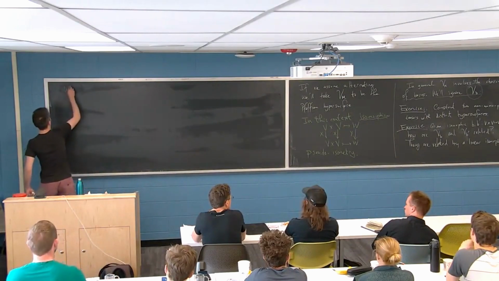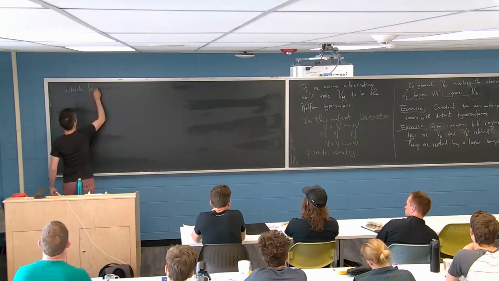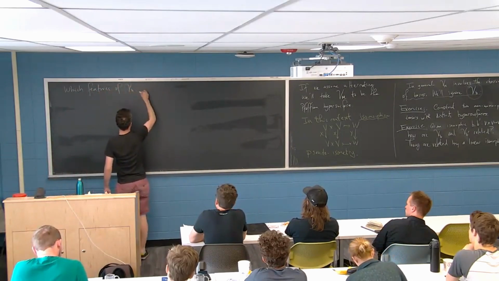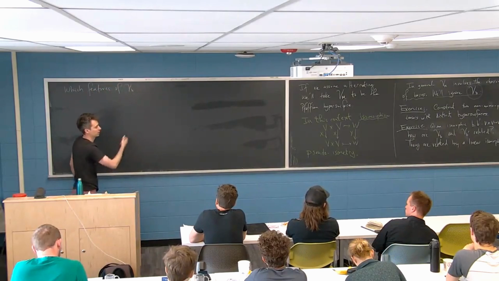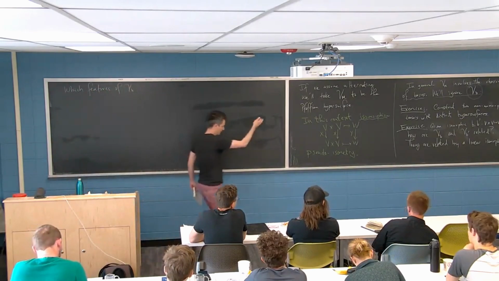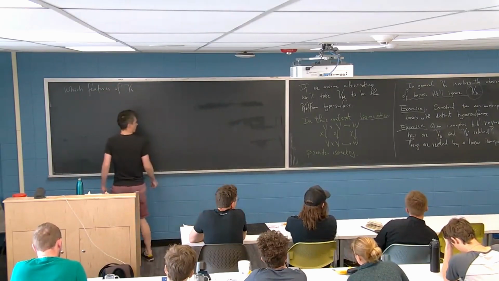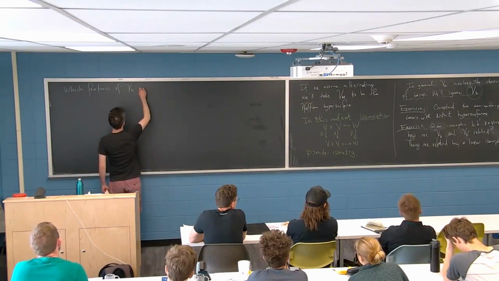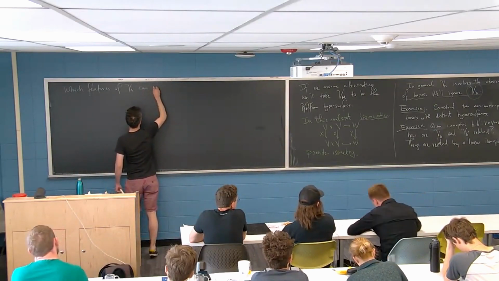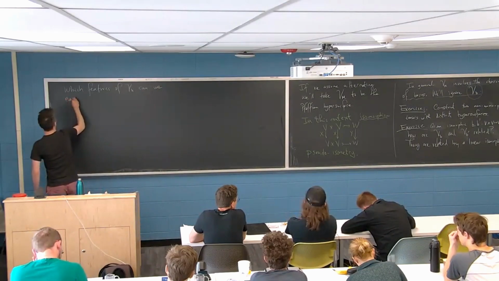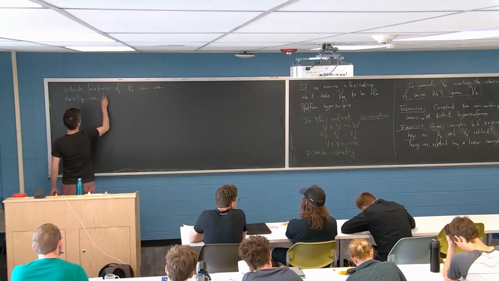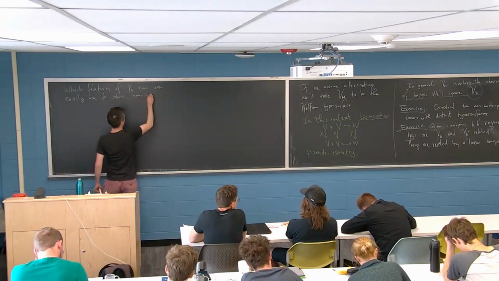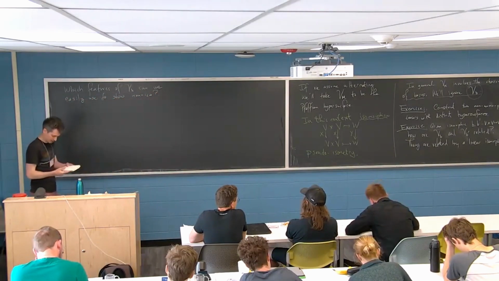Which features of this would be invariant regardless of what choice of basis, or if you like, use the dual for W there? Which features of this can we easily use to show non-isomorphism? Okay, I'll list a few. They're not exhaustive.